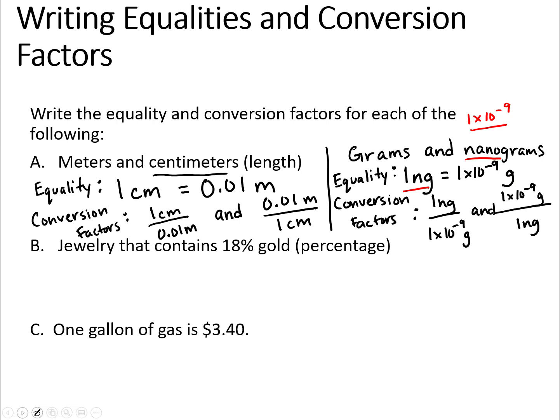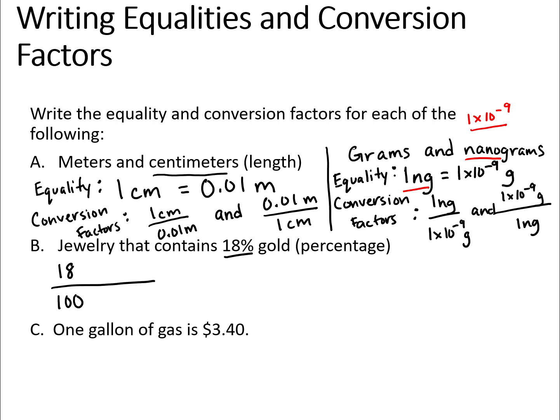Good. All right. Now we've got to do B and C. B, we're looking at percentages. So a percentage is a part over a whole, right? And when you see a percentage like 18%, that means 18 out of 100. But we need some units for that.